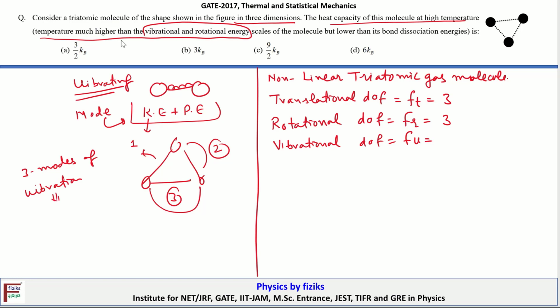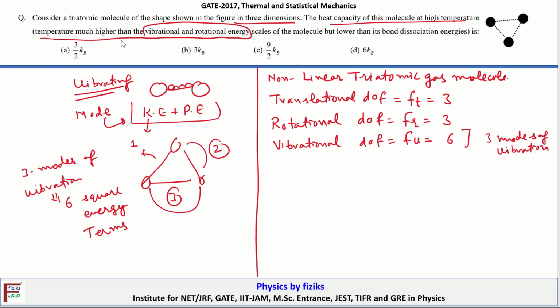So in total we will have 6 square energy terms. Each square energy term we will call a degree of freedom. So I will write it here, 6. Please note that these 6 energy terms are equivalent to 3 modes of vibration. So that's the point that you must understand here, because each vibration mode consists of kinetic energy as well as potential energy.